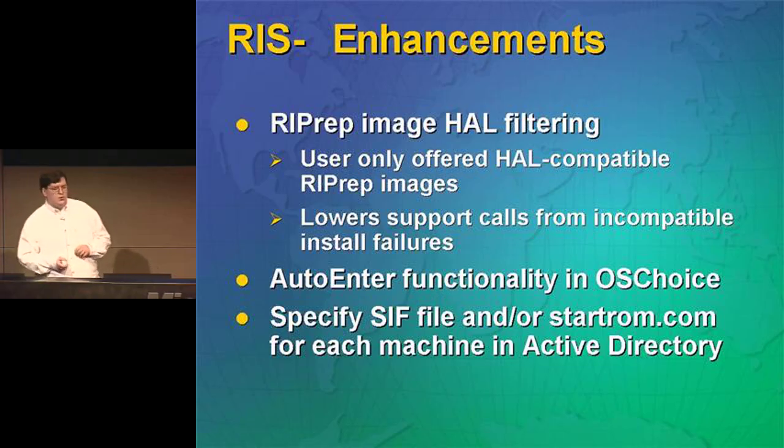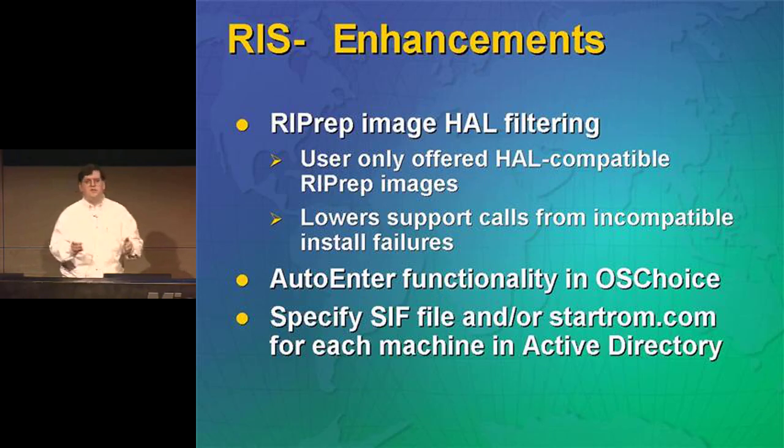When you go up and you start a RIS setup, you see a wizard that offers you a bunch of images. These can be filtered depending on a bunch of things, but one thing they weren't ever filtered on before was, will this image work on my machine? I.e., can I put this down and will it ever be able to boot again? And obviously, if you can apply an image and it doesn't work, that's not a good thing, because you'll wind up with a ton of support calls.